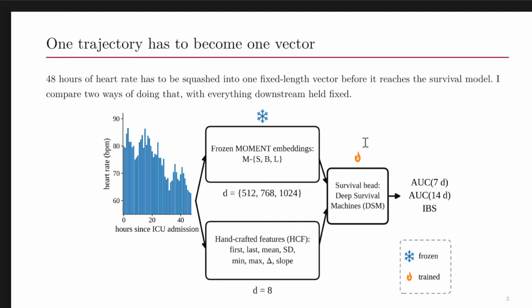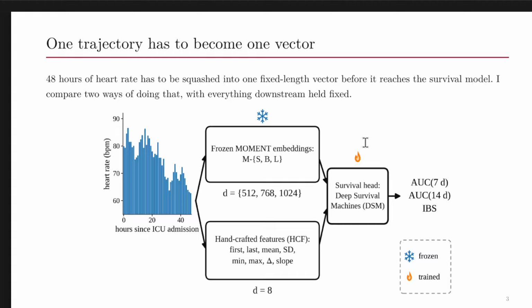We test that by looking at Moment, a time series foundation model, and comparing its embedding against a handcrafted feature representation, pairing each of these with the same survival head, the Deep Survival Machines head, DSM. Both Moment and DSM were produced in Auton Lab here at CMU.